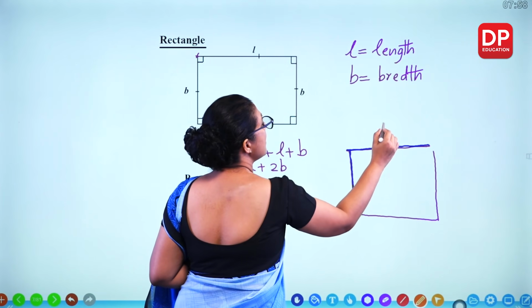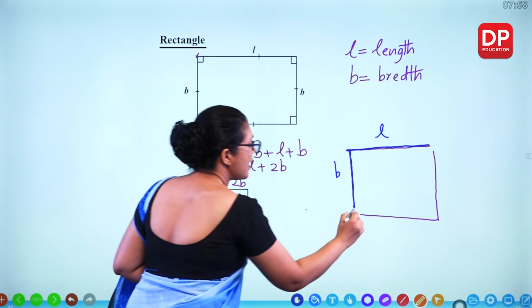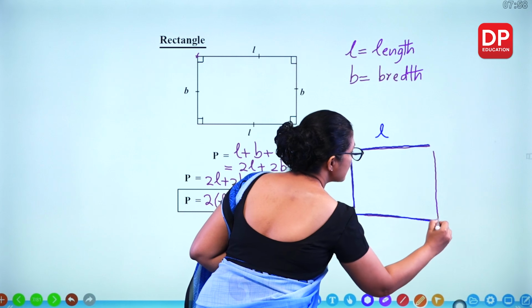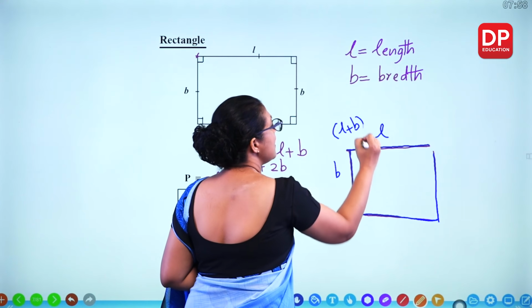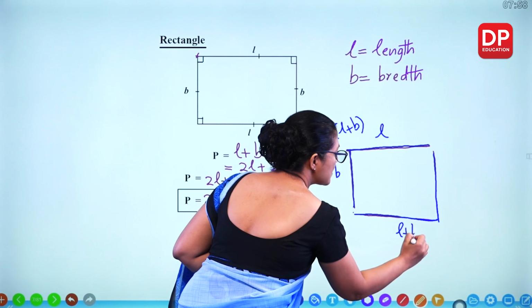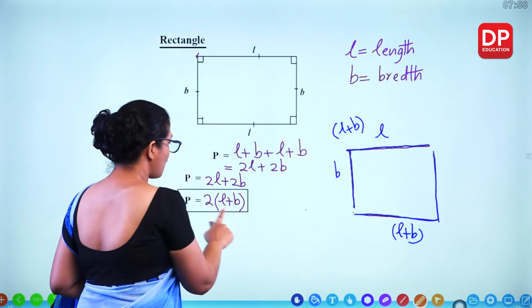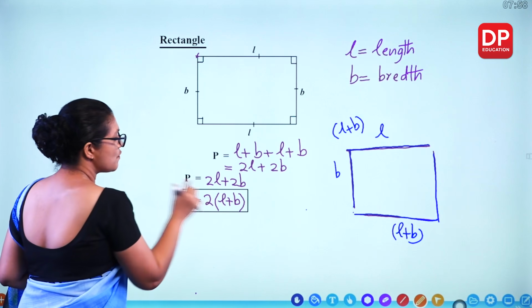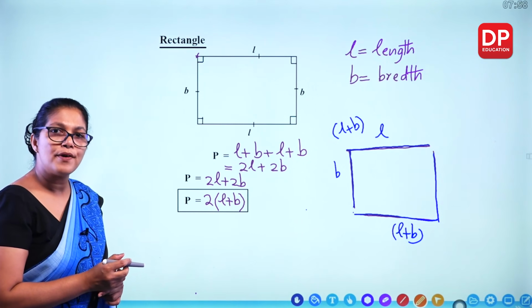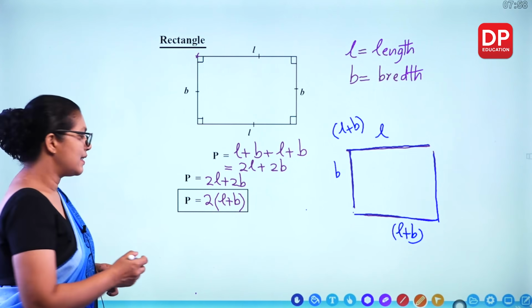That's L plus B. I get two parts like that, L plus B here and L plus B this side. So twice of that, twice of L plus B. So you can use this formula to find the perimeter of a rectangle.